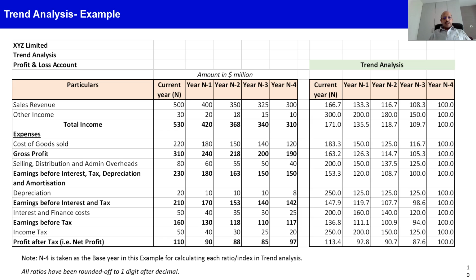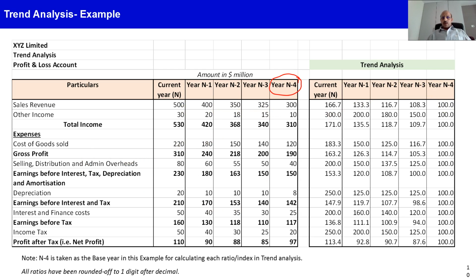So I will explain an example of trend analysis. Here I have put 5 years of numbers. This is n minus 4, this is n minus 3, n minus 2, n minus 1, and the current year number is n. So the last 5 years of numbers of XYZ Limited are plotted here. This is the P&L account, and n minus 4 we take as the base year.